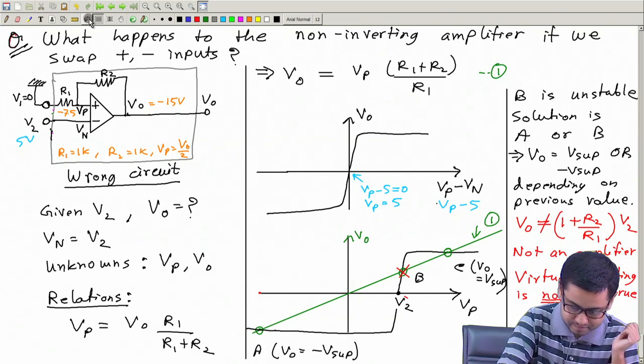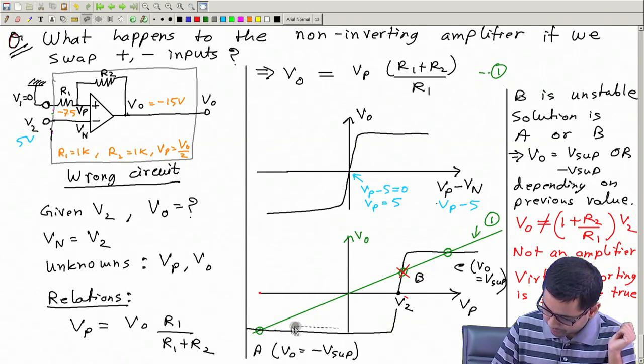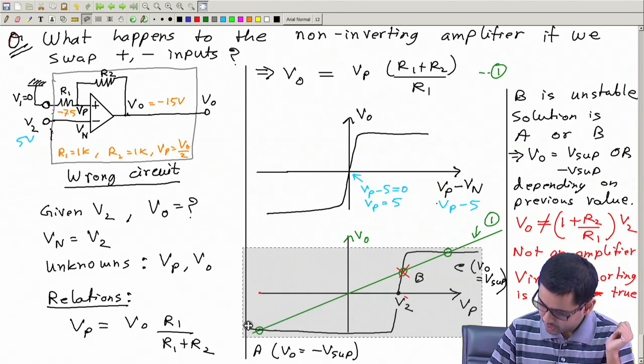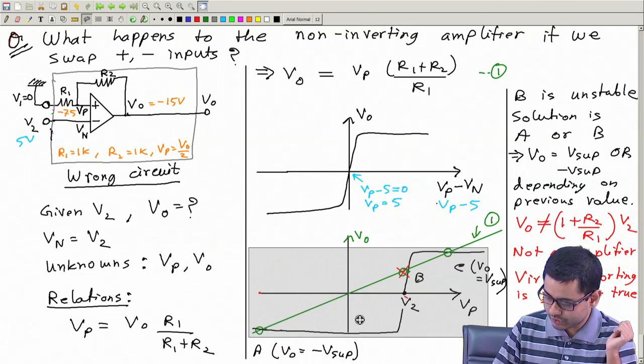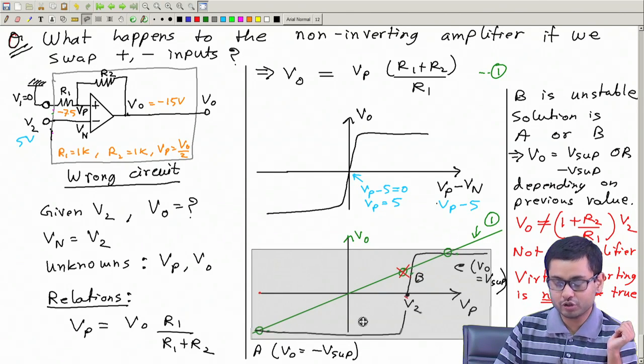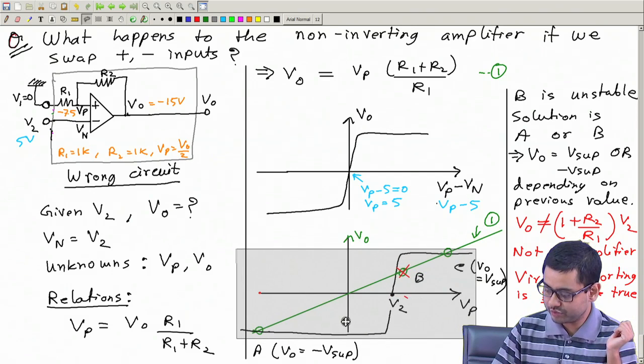Let me copy this black line. Now I'm increasing V2, and you can see how the solution will change.